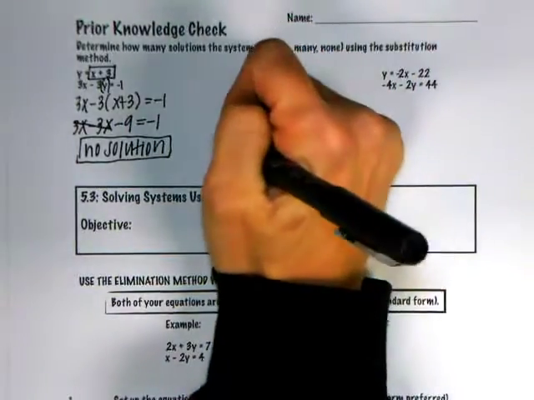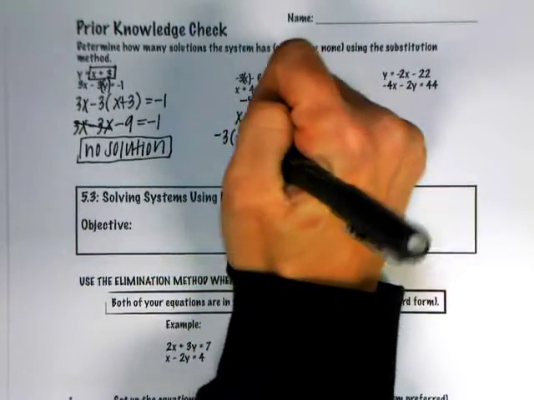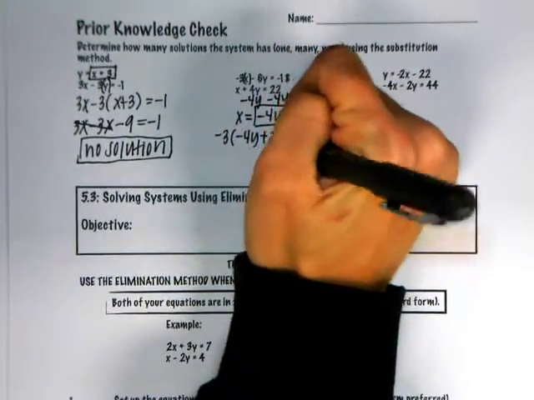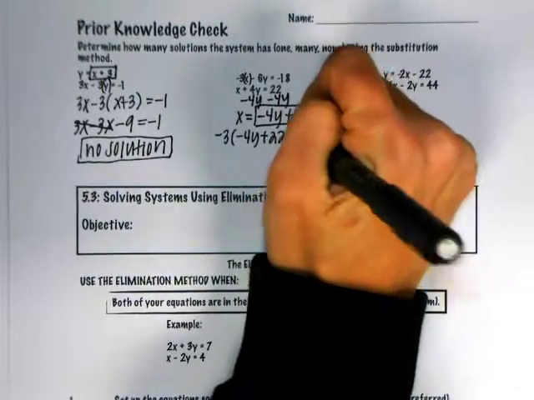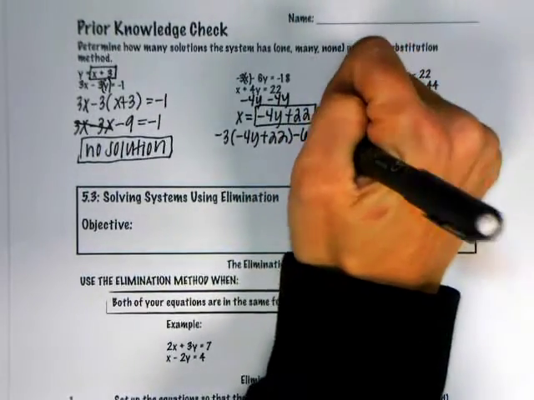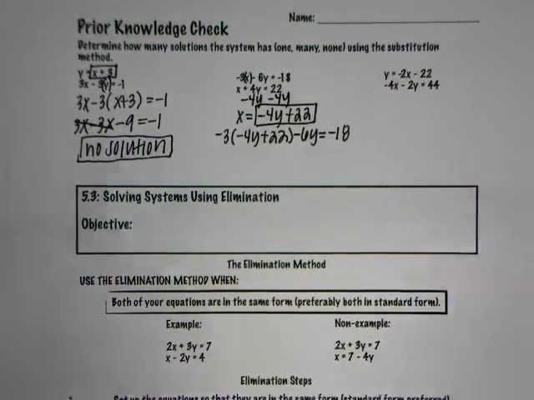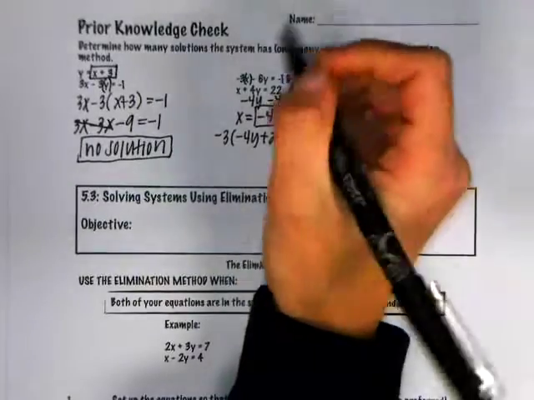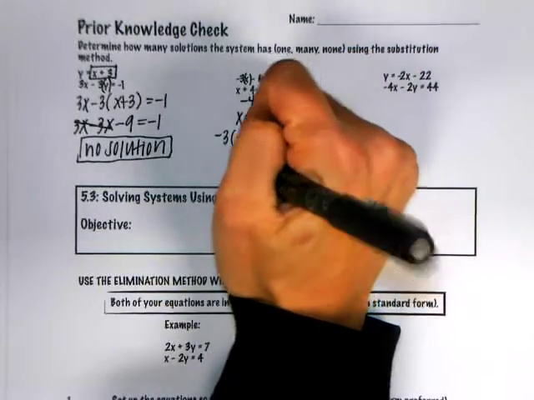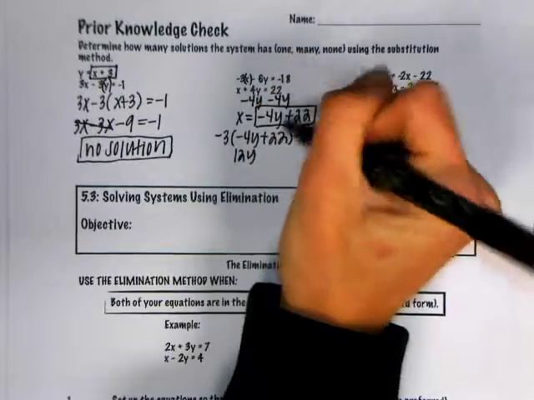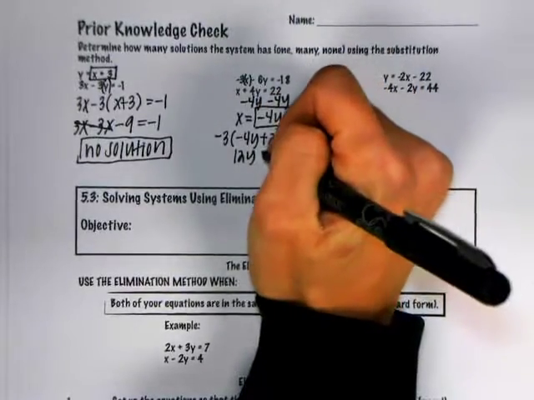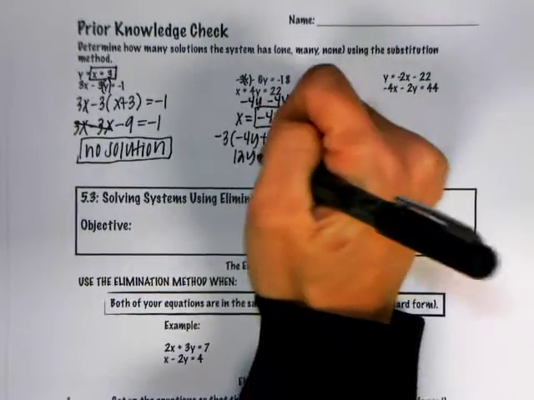So we'll have negative 3 times negative 4y plus 22 minus 6y equals negative 18. And then distribute that. What's negative 3 times negative 4y? 12y, and then negative 3 times 22? Positive or negative? Yeah, negative 66.